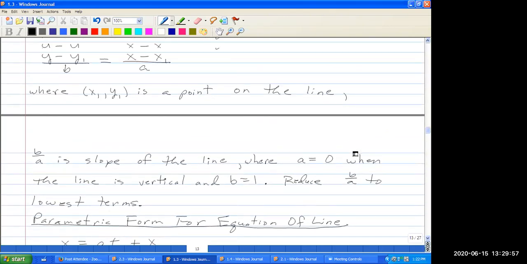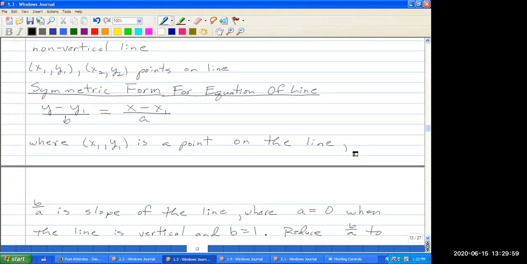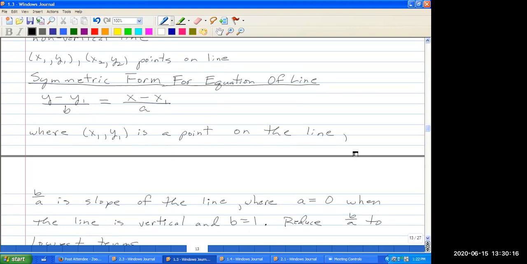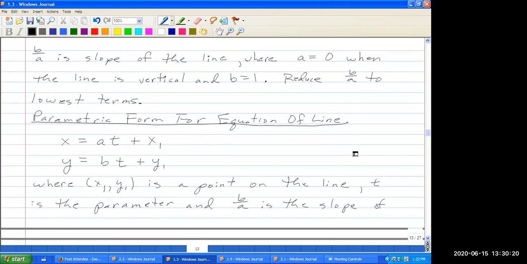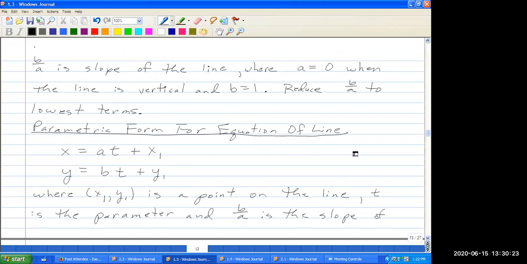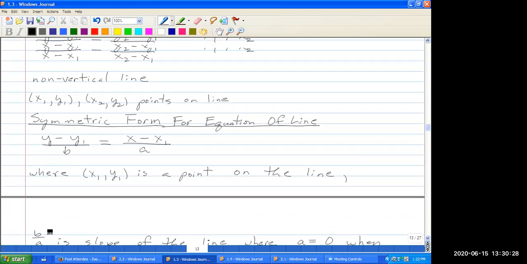When do you use this? This is the preferred form for writing lines, especially if you do lines in more than one dimension, more than two. A parametric form for the equation of a line. In this case, just let this equal t.